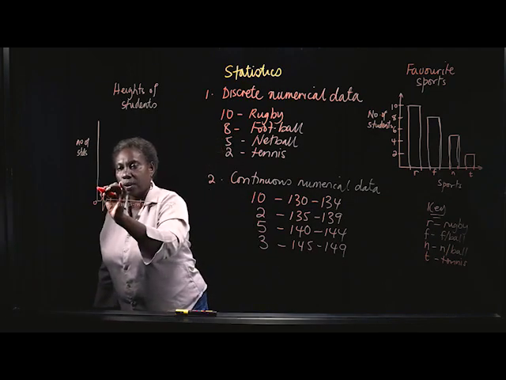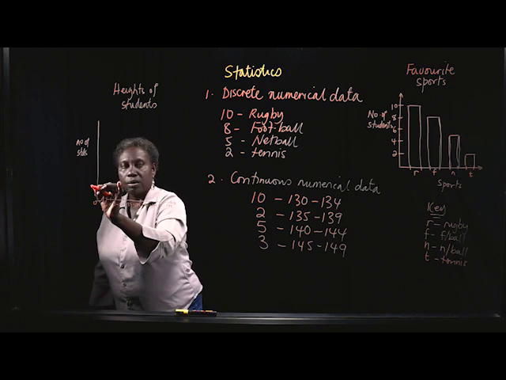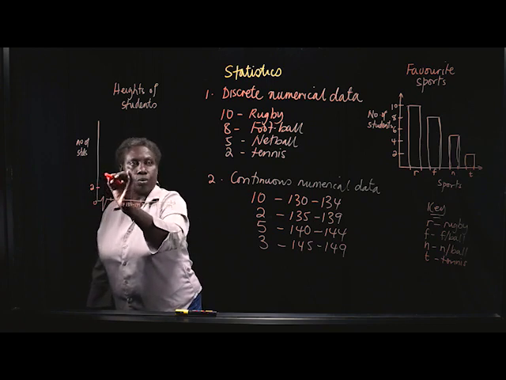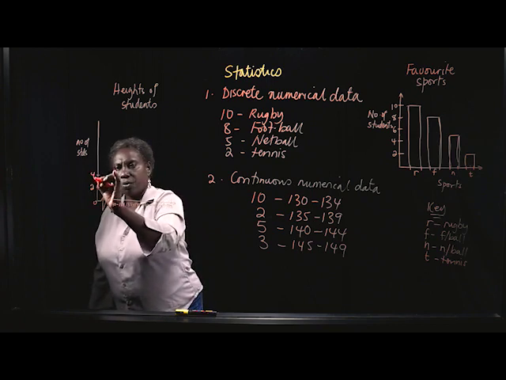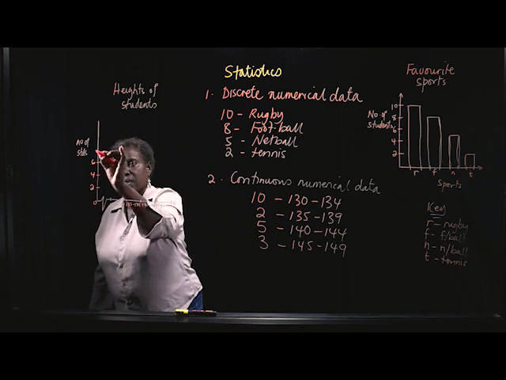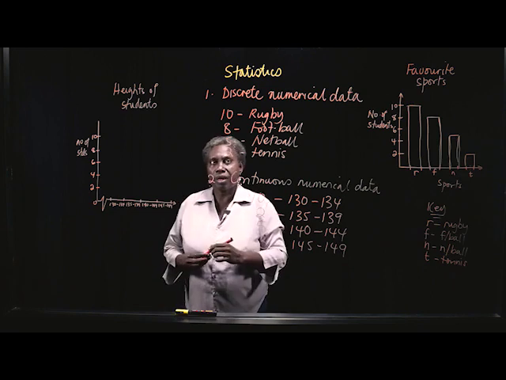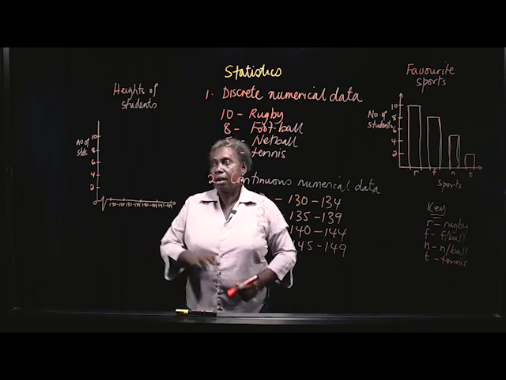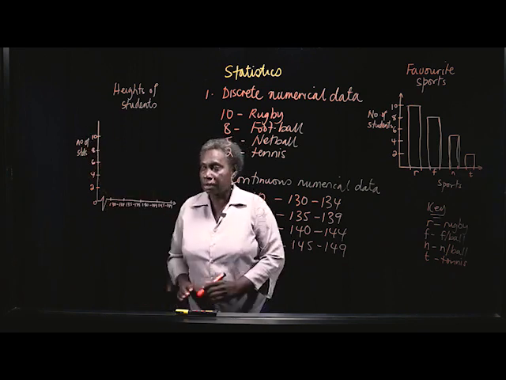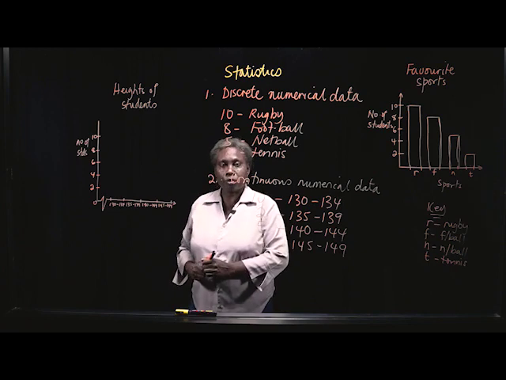Now, on the vertical axis, we start with 2, 4, 6, 8, 10, because again, we have 10 as the highest number for the students, so we start from 2 all the way up to 10.